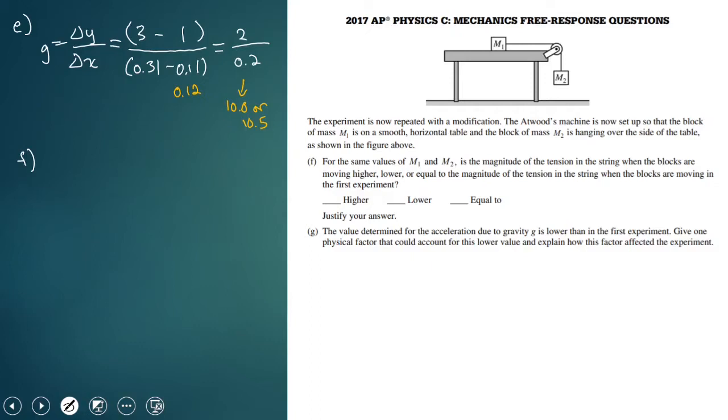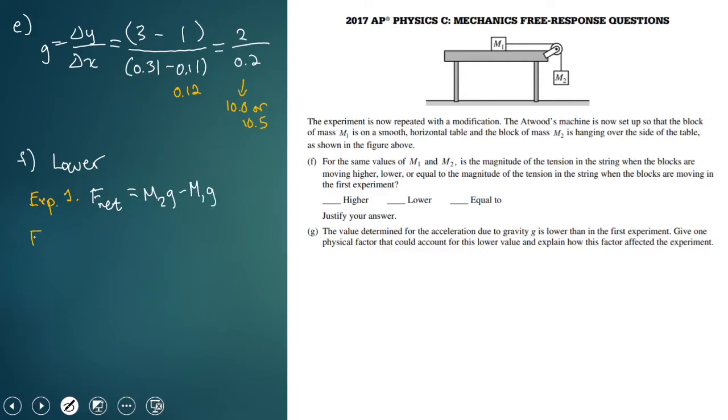So in the second experiment, the tension is lower than the first, and I'll go through the mathematical reasoning of why. So originally in experiment 1, our F net was M2G minus M1G.